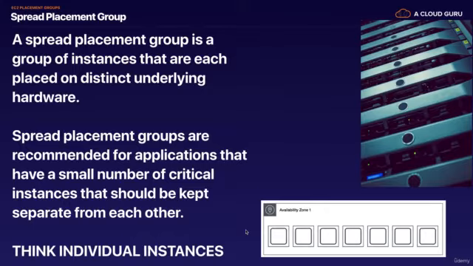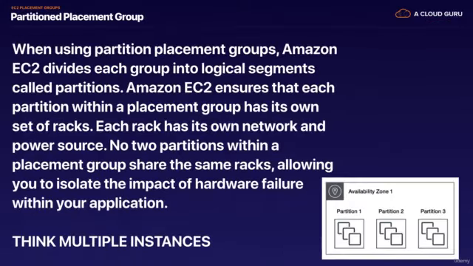It's the sort of opposite of a clustered placement group, in that a clustered placement group puts all your EC2 instances very close together, so you get really high performing network throughput as well as low latency, whereas spread placement groups are designed to protect your EC2 instances from hardware failure, but it's individual instances put on individual racks inside either the same availability zone or different availability zones depending on how you configure it.